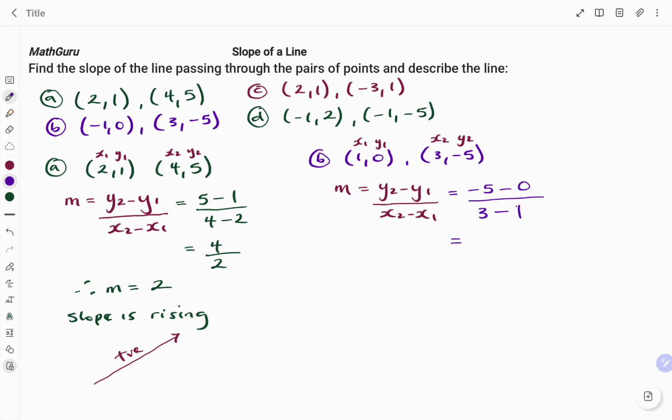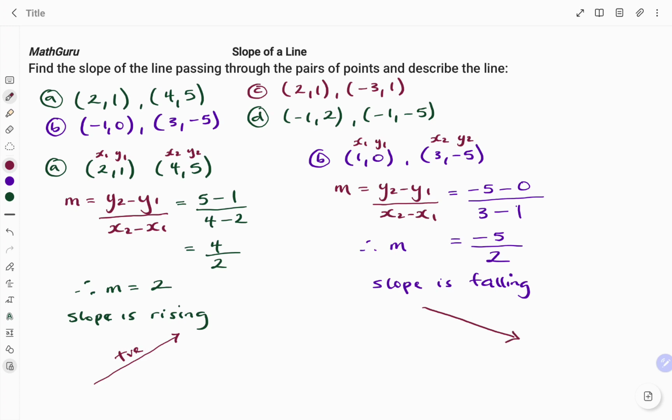That gives me -5 minus 0, that's -5, divided by 3 minus 1, that's positive 2. So the value of my gradient is -5 over 2, and that means the slope is falling, or negative. That is, it decreases from left to right.